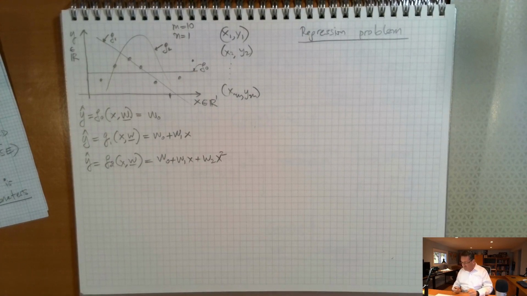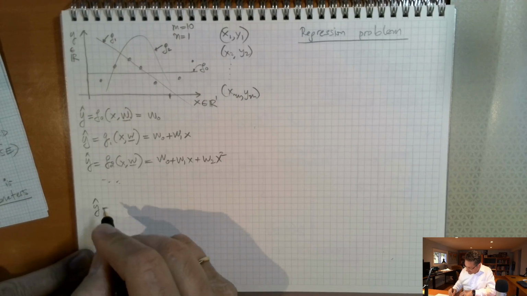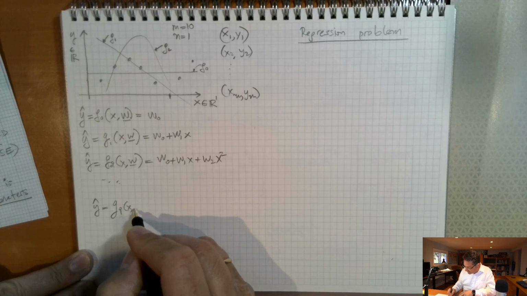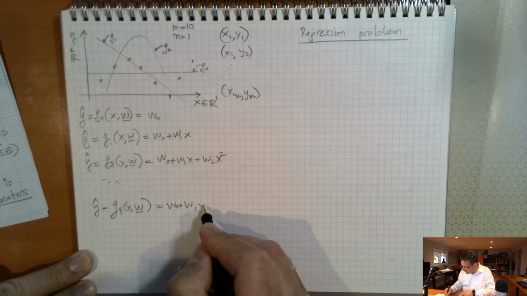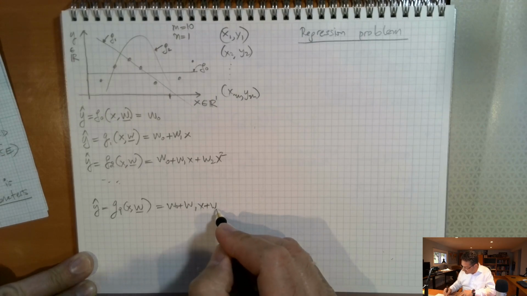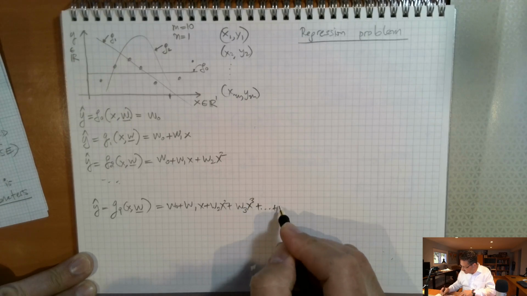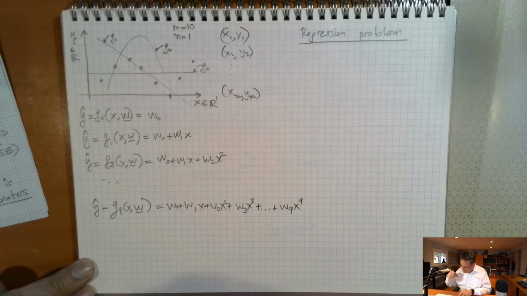In fact, we can draw an infinite set of lines, which are now going to be more complicated than just a straight line. And we can continue all the way to y hat, let's say, g9 of x comma w. And here I'm going to have a very interesting hypothesis.